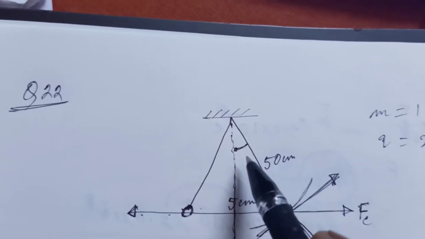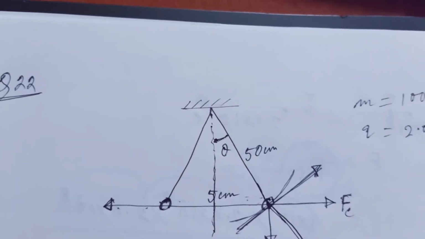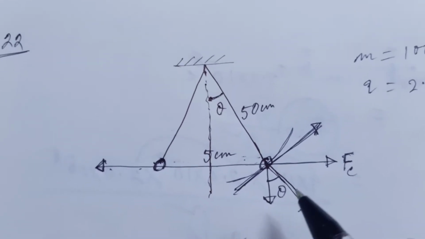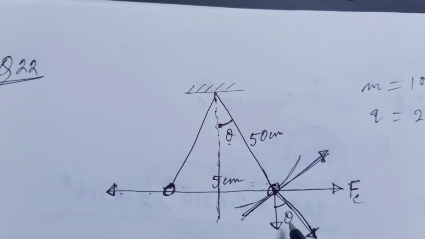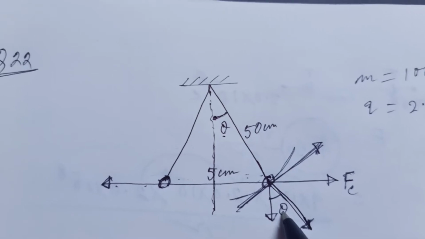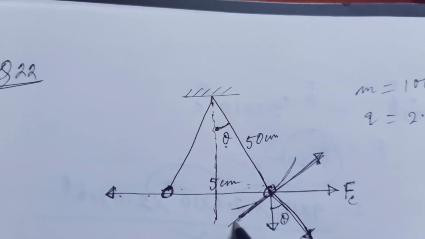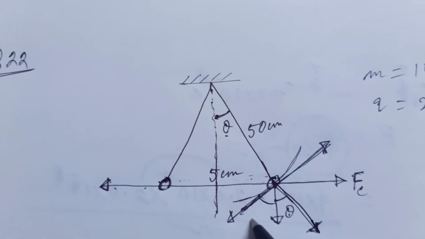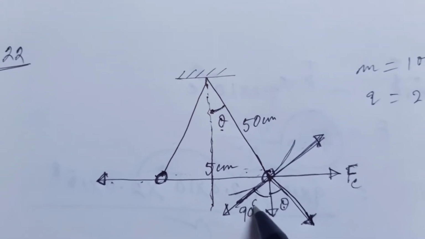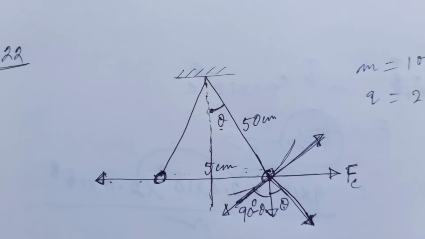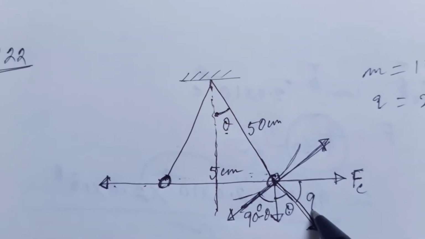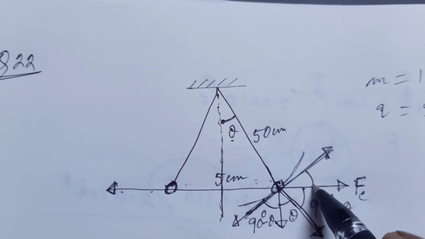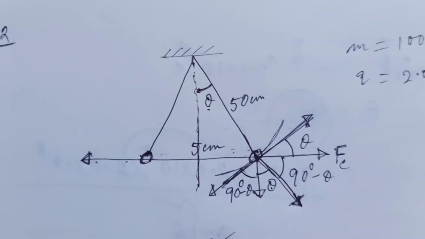If this is theta, then this angle is also theta because it is a corresponding angle, and this angle is 90 degree minus theta. And this angle is also 90 degree minus theta, and this angle is theta.